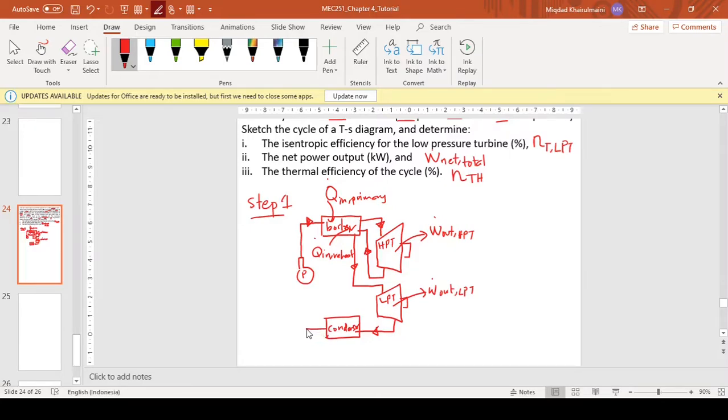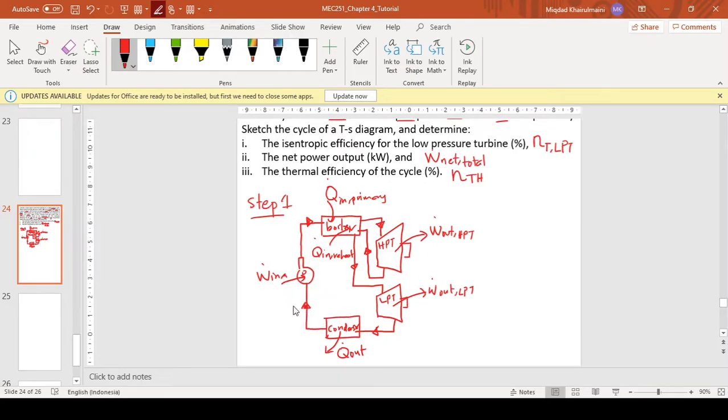So it exits the condenser as saturated liquid before re-entering the pump. So at the condenser here will be the heat removed, Q out. At the pump we have the work input.